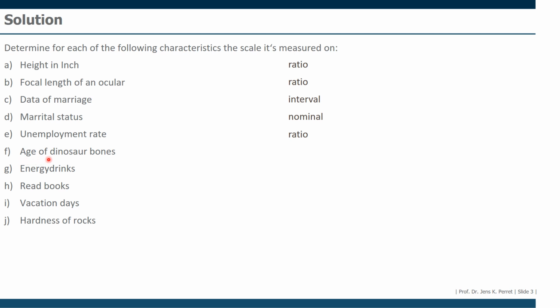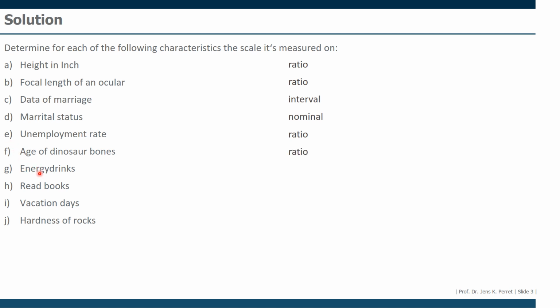So age always has an absolute zero, and I can calculate distances. I could say this dinosaur bone is older than that one, and it's older by 2 million years. So it's ordinal, because I can say it's older or younger, and I have distances, so it's interval, and I have age 0, cannot go below, so it's again ratio scaled.